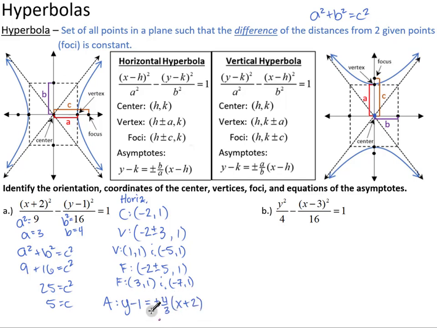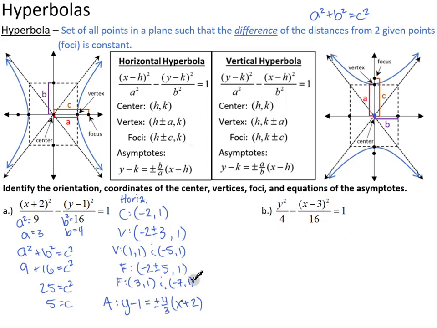And there we go, there are the equations of our two in point slope form. You don't need to calculate those out. Again, if you're graphing this from your center, you just go left and right 3, up and down 4, right? So 4 in the vertical direction, 3 in the horizontal direction to draw that rectangle, put your asymptotes through it, etc.